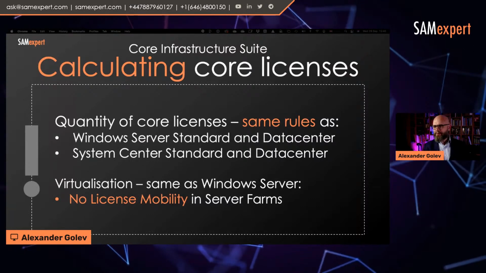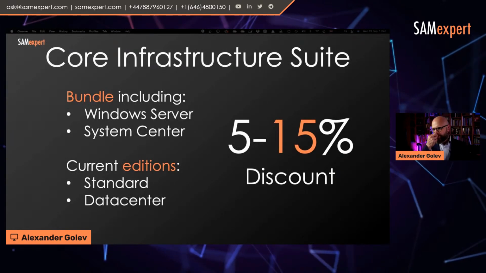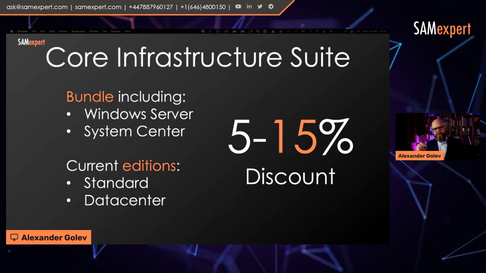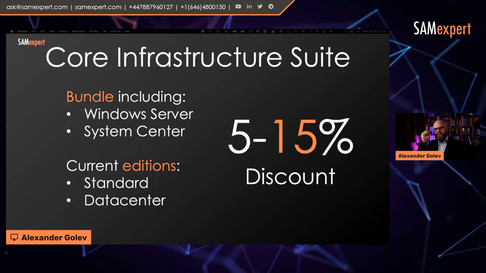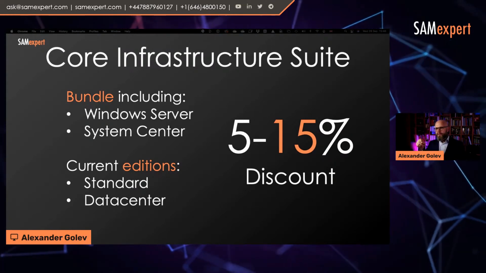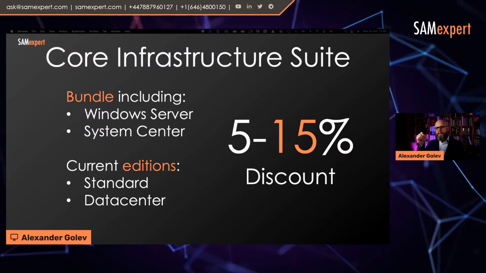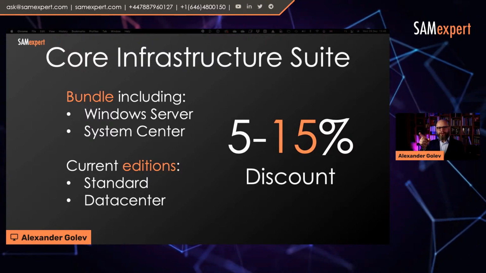So, same rules. Let me go back to the discount, because I didn't say anything about discount. You get 5% just if you buy it as a bundle. You get 15% if you buy them through the server and cloud enrollment and make them platform products.